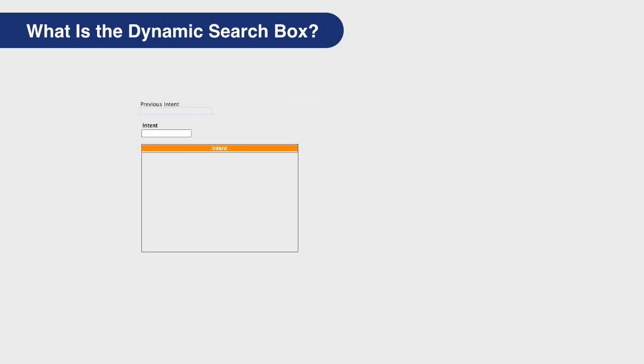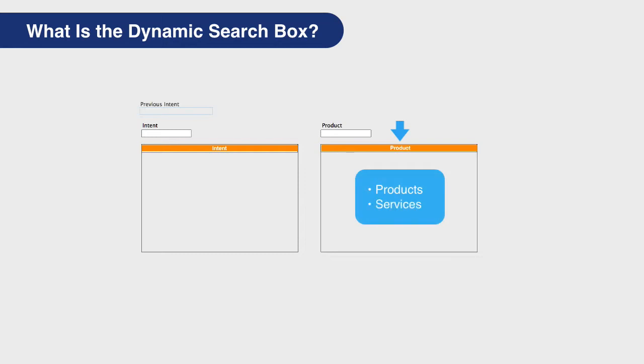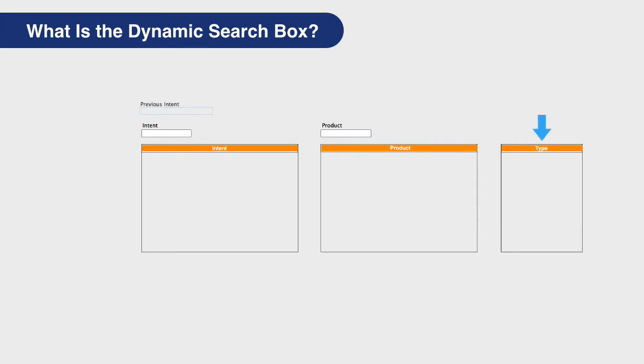There are several varieties of dynamic search boxes. The three most common are the intent search box, which contains common questions, issues, or topics the caller might request; the product search box, which contains a list of products and/or services related to a particular application; and the type search box, which contains an additional list of entries that populate based on selections made in a particular dynamic search box.